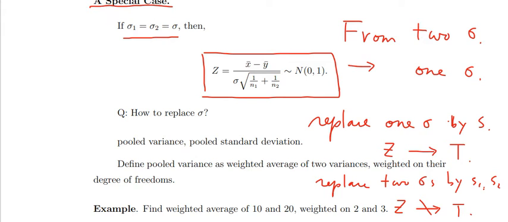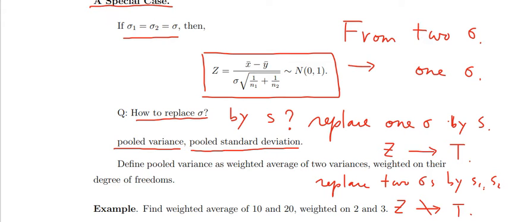So here the question is how to replace this sigma by S. We have two S's, S1 and S2, so which one do we replace it by? We introduce the pooled variance and pooled standard deviation.